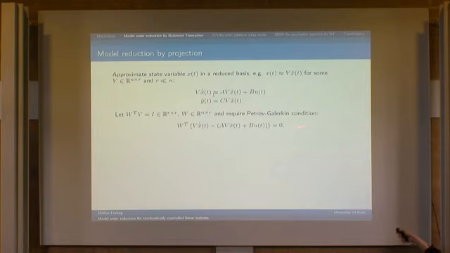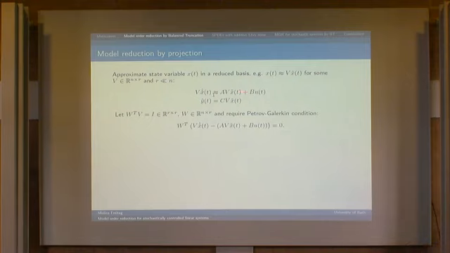And then you impose a Petrov-Galerkin condition. You say, okay, you have a matrix W, such that W transpose V is the identity matrix, and you look at the residual here and impose orthogonality. W transpose times this, which is the residual of this system, is equal to 0.